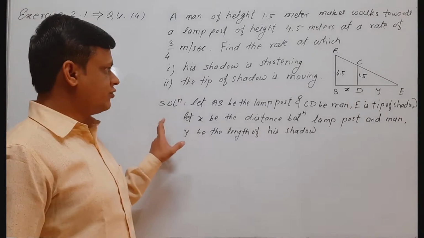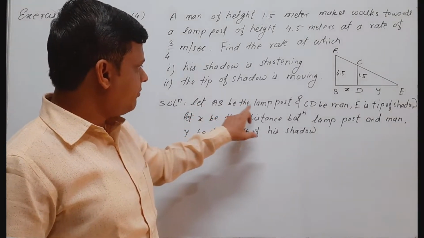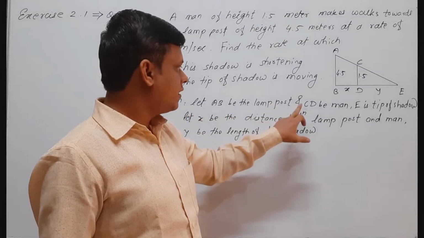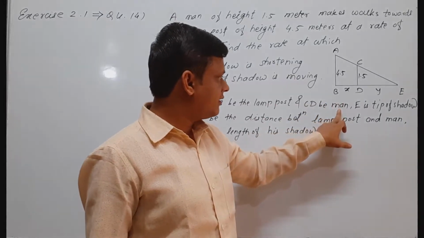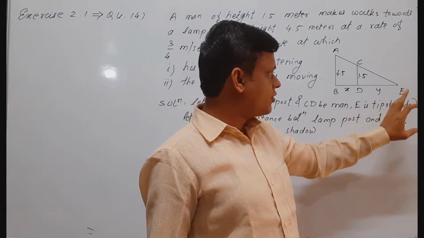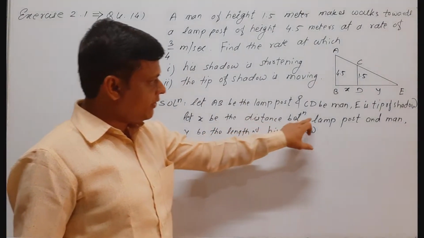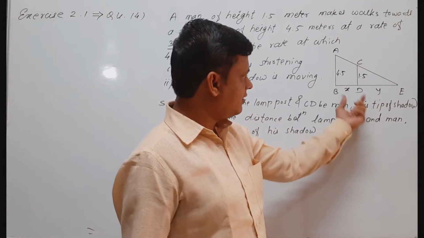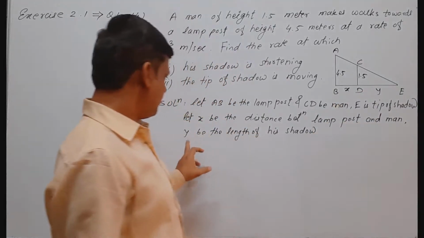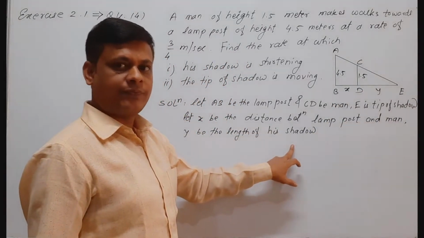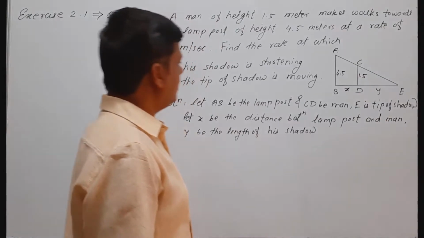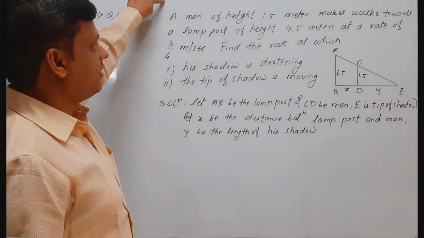So here in solution we write: let AB be the lamp post and CD the man, E is the tip of the shadow. Let X be the distance between lamp post and man, Y be the length of his shadow. So here we write the given part first.